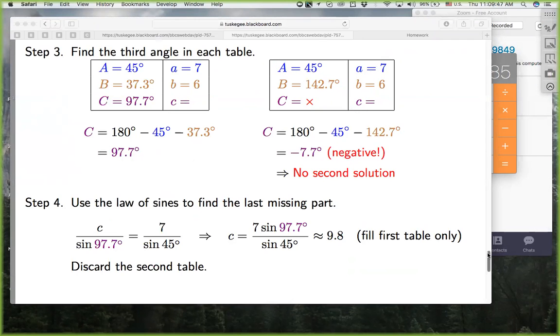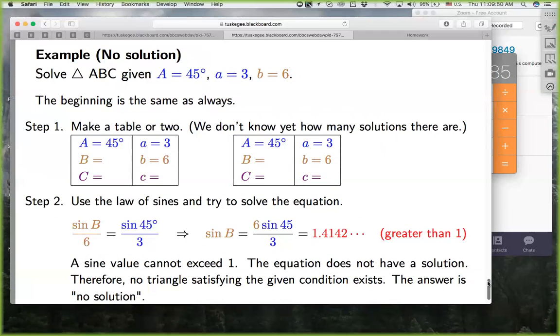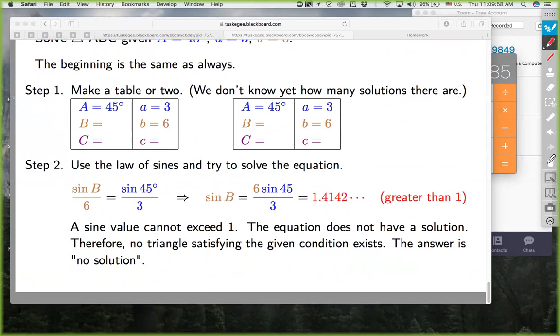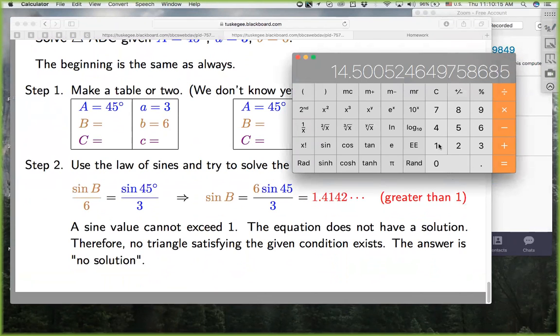Let's look at the third case where you can't have any solutions. In the process, sometimes you get a contradiction like sine B equals this number, this is greater than 1. And if you try to get an angle out of this number using a calculator, 1.4142, let's go here, the calculator. So you see 1.4142. Try to get an angle out of this number.